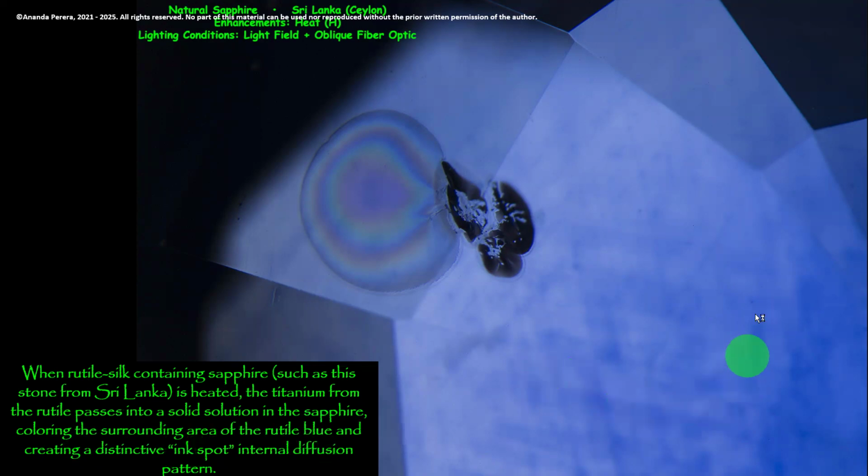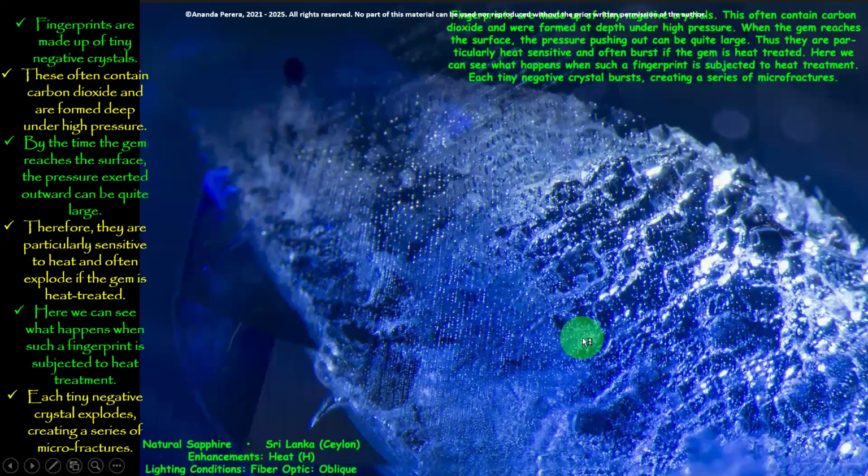You can see the small ink spots here around the area. So it is giving the evidence it is heated. What is it here? It is a natural sapphire from Sri Lanka, but it is heat treated. Enhancement is heat treated. Lighting condition here is fiber optic oblique.